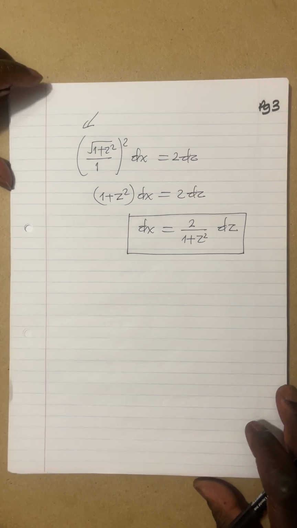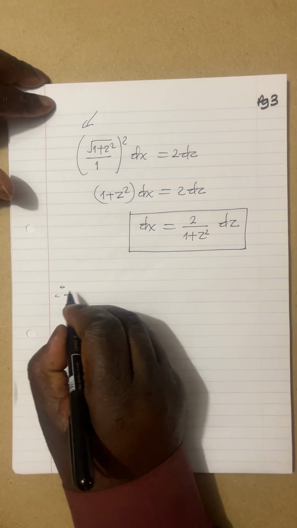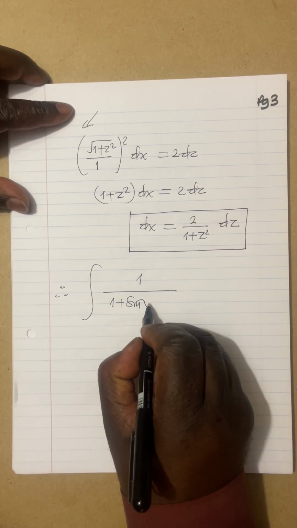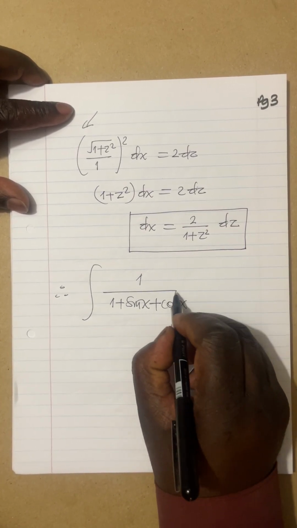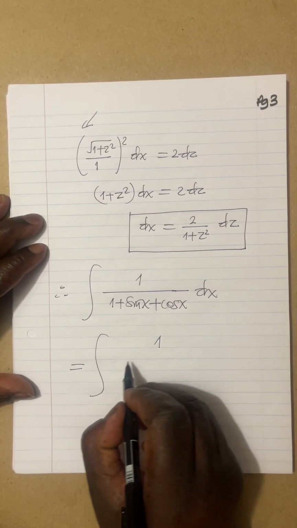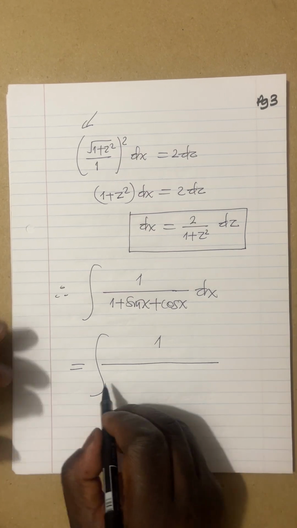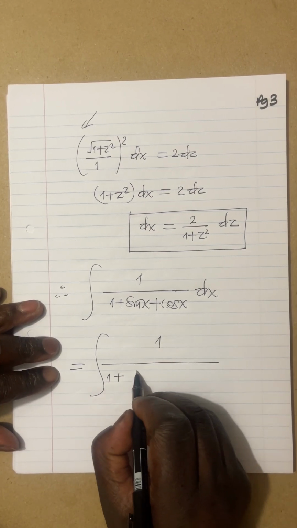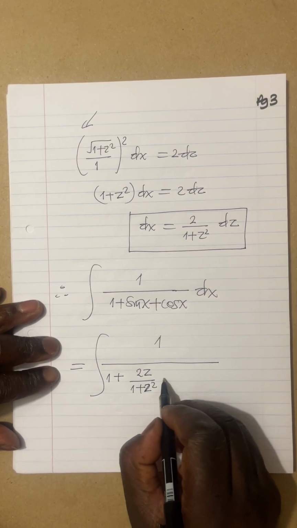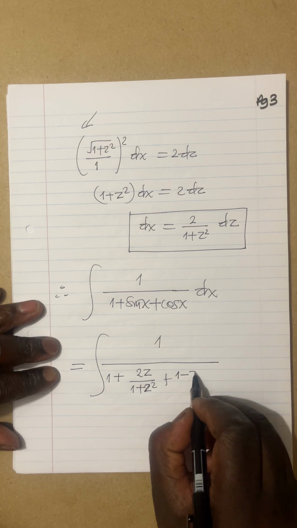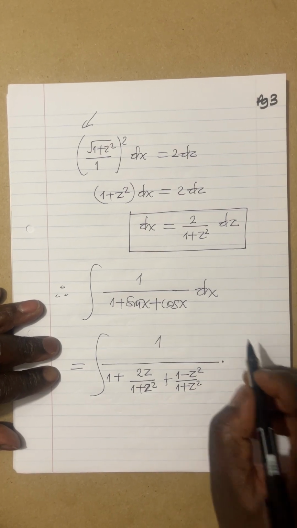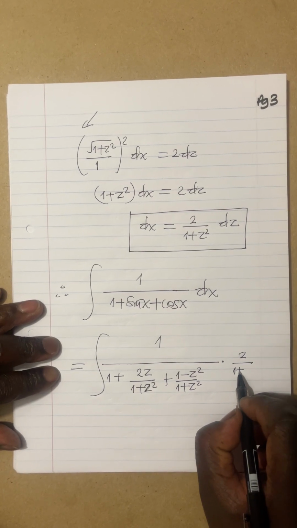So basically what I'm saying is, therefore, our integral now, 1 over 1 plus sine x plus cos x dx changes to the integral of 1 all over 1 plus sine x, remember 2z over 1 plus z squared, plus cos x, remember, is 1 minus z squared over 1 plus z squared, and dx, remember, is 2 over 1 plus z squared dz.